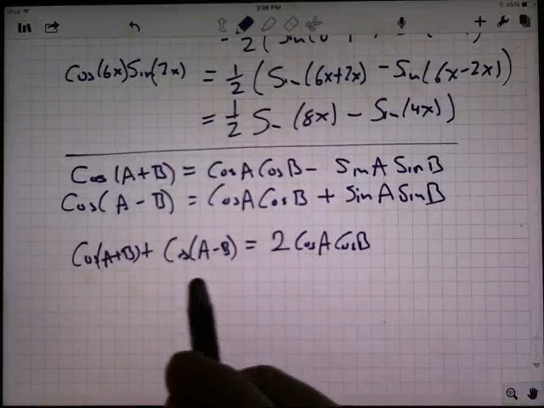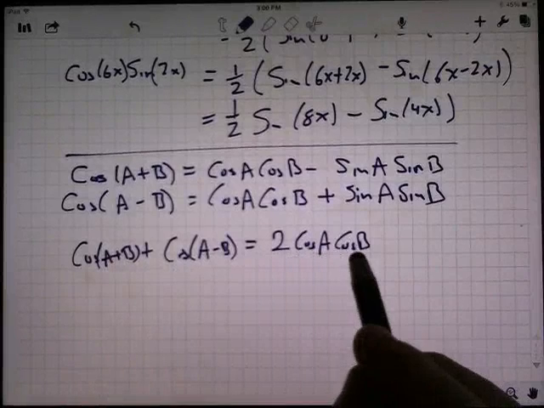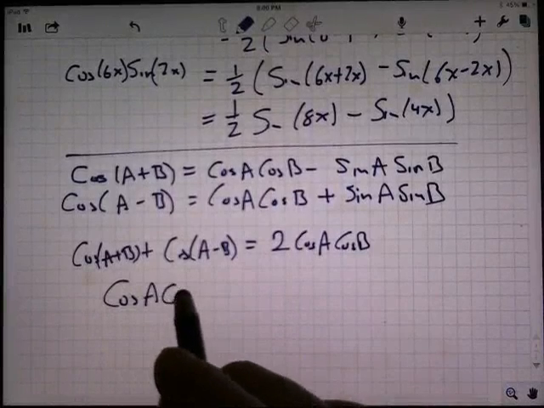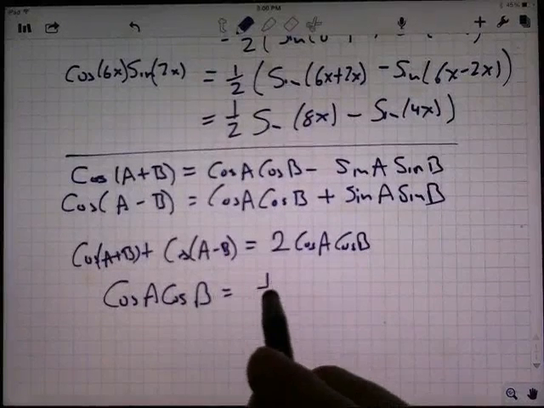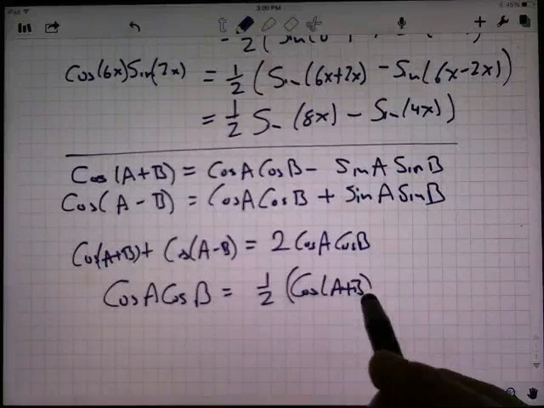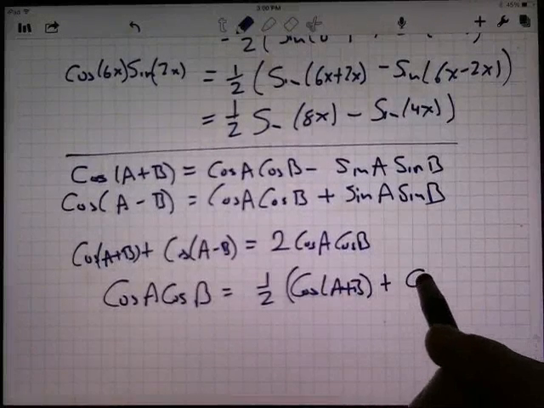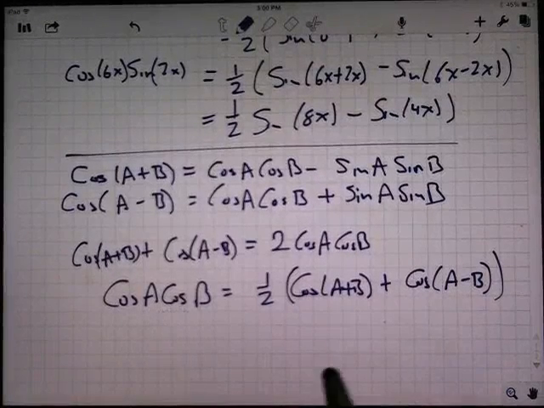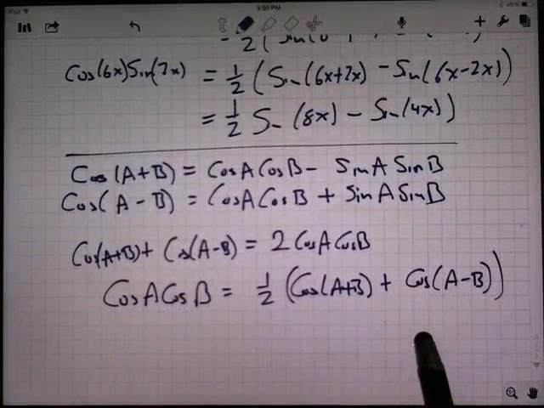And now again, I've got a sum turning into 2 times the product. Let's divide by 2. So I've got the cosine of A times the cosine of B equals 1/2 the cosine of A plus B plus the cosine of A minus B. All right. So a product of 2 cosines can be turned into a sum of 2 cosines.